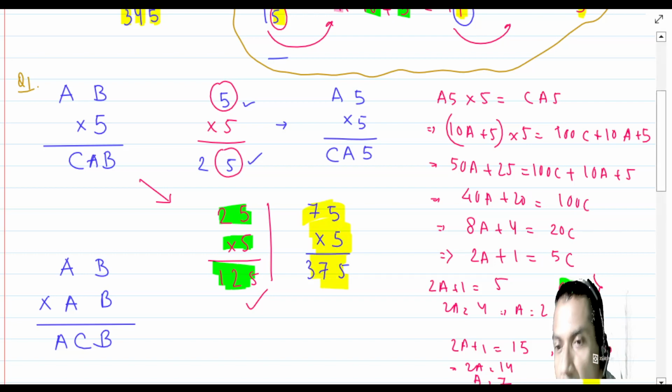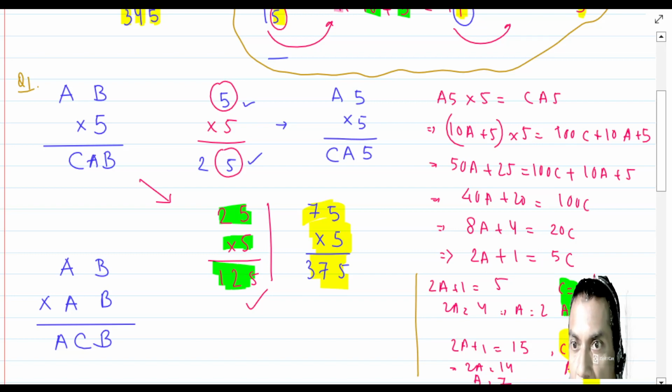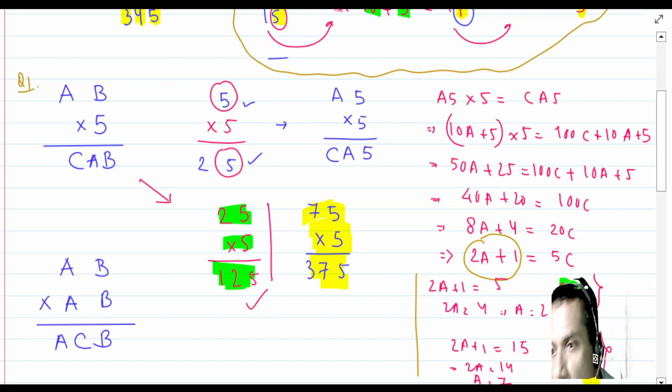Now we may ask why we consider the value of c as 1 and 3. It is the only reason because on the left side, this part is actually the odd multiplication. 5c means the odd multiplication of the c.